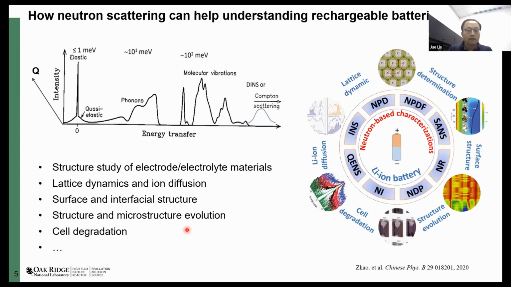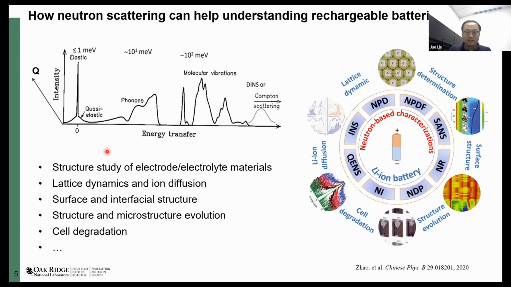And that's why neutron scattering can be very useful, because as many of you already know, when we're doing a neutron scattering experiment, we are probing both the energy space and the momentum transfer space, right? The neutrons that we use to probe the dynamics fall into a region that is really relevant not only to the dynamics of the material, but particularly to the dynamics that we are interested in for a lot of battery systems.